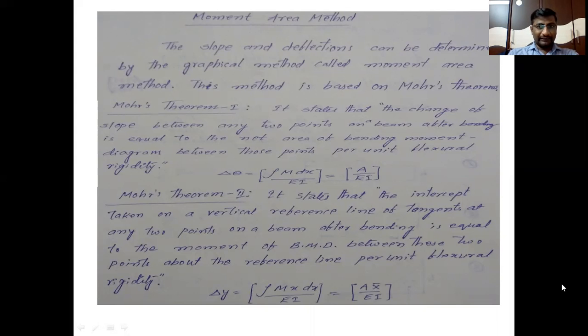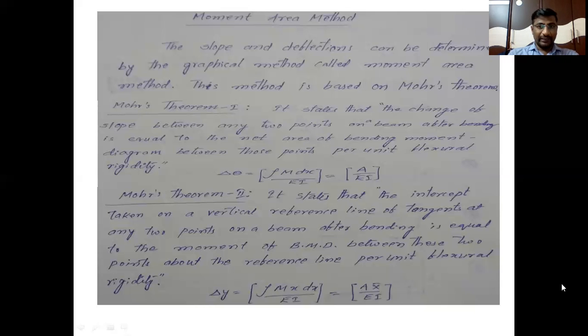And a similar equation gives the change in deflection by Mohr's theorem 2. Mohr's theorem 2 states that the intercept taken on a vertical reference line of tangents at any 2 points on a beam after bending is equal to the moment of the bending moment diagram between these 2 points about the reference line per unit flexural rigidity.